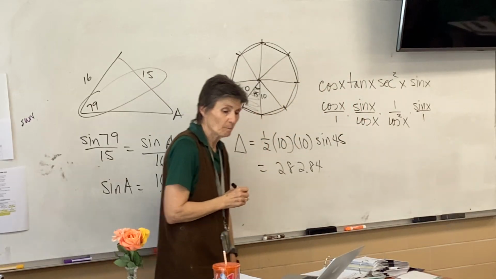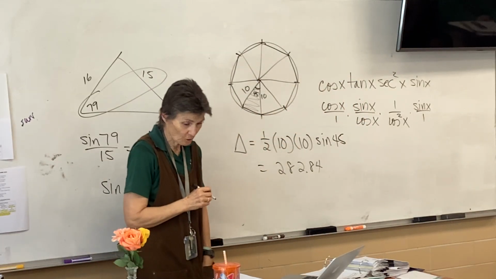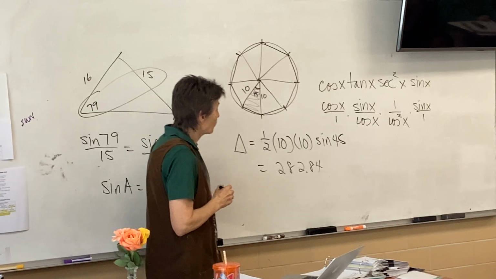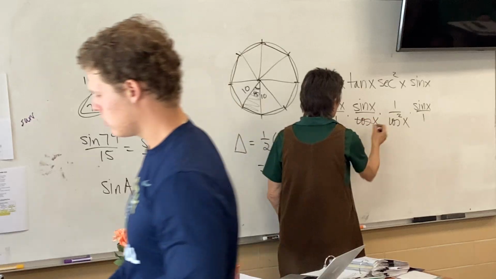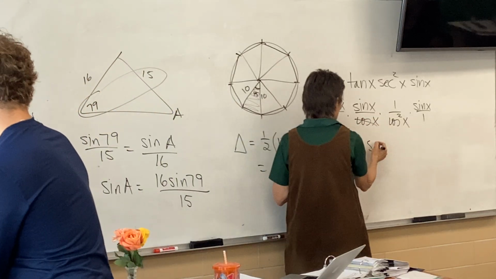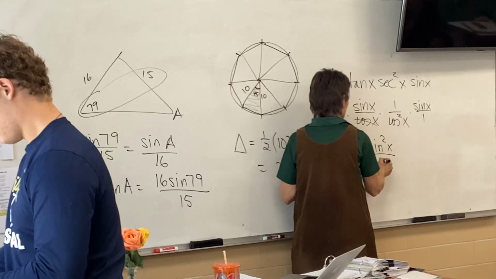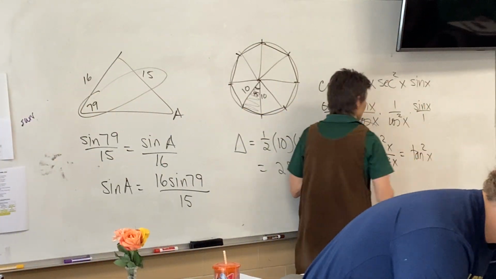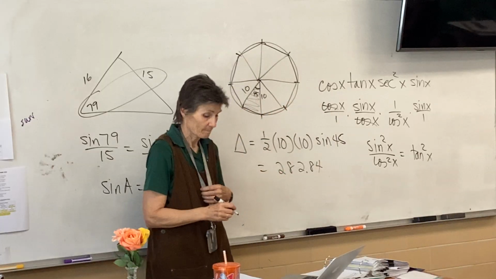And I'm going to do a couple more problems and then I'll let you take a picture of the formula sheet so you know what's on it. Cross cancel, and then those cross out. Yep. Sine squared over cosine squared. So sine squared over cosine squared, and that's just tangent squared. Man, you know what you're doing. That's pretty good.